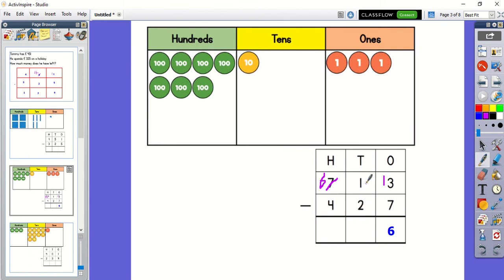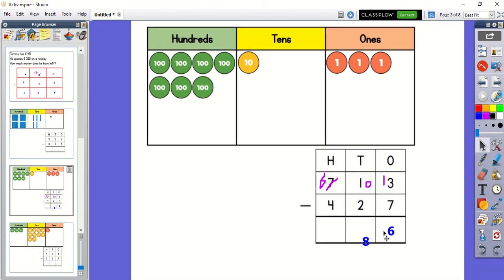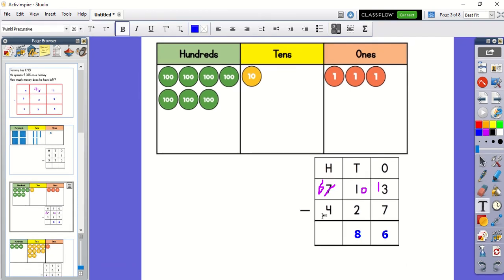So I've now got 10 take away 2, which is 8. And now I can do my hundreds, which is 6 take away 4, and that gives me the answer 2. So my answer is 286. Well done if you were able to figure that out.